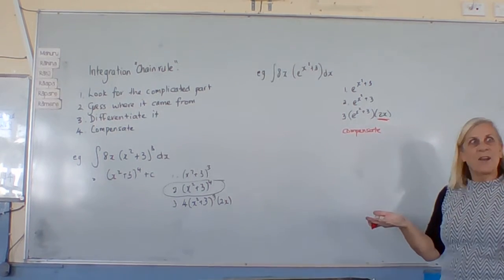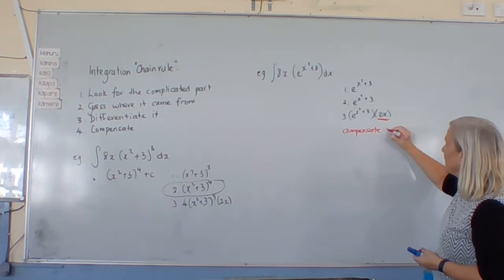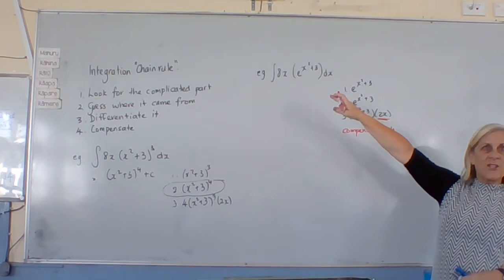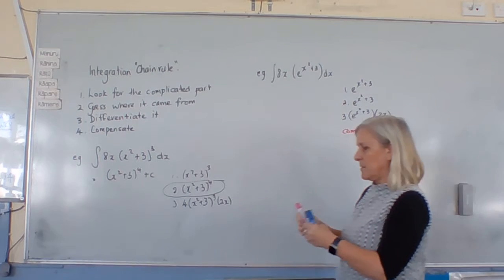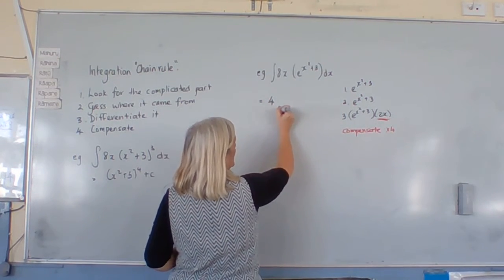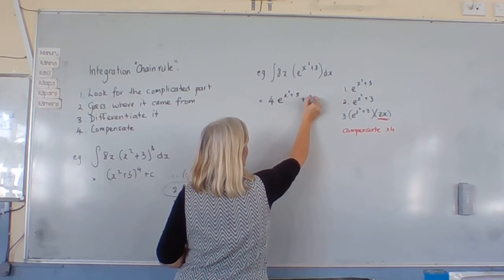And we are going to multiply by 4. All right? So because we're multiplying the answer by 4 to get the question, we're actually going to multiply our guess by 4. So our answer will be 4 times e to the power of x squared plus 3 plus c.